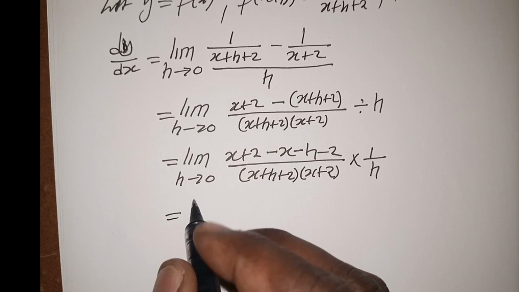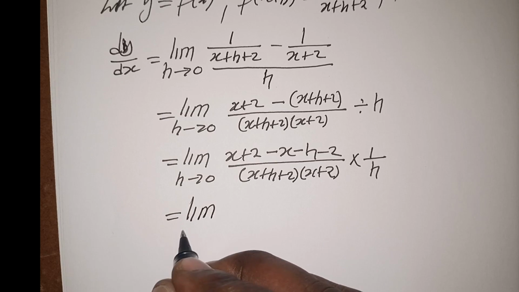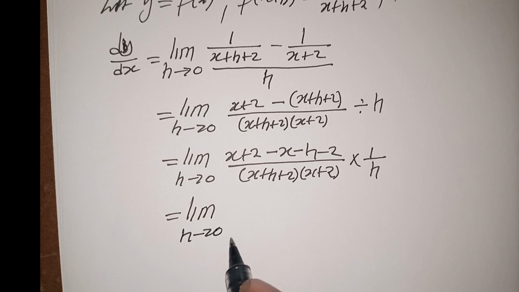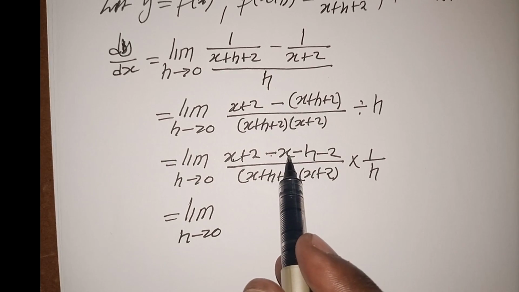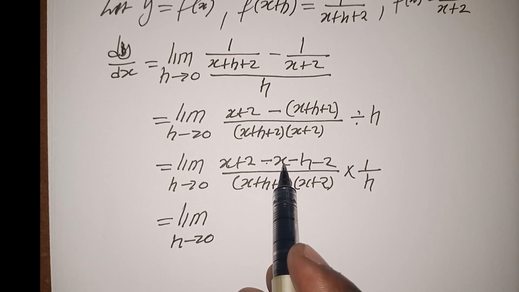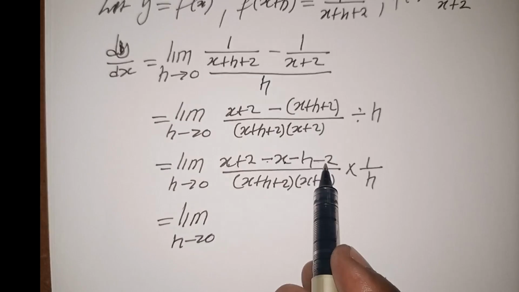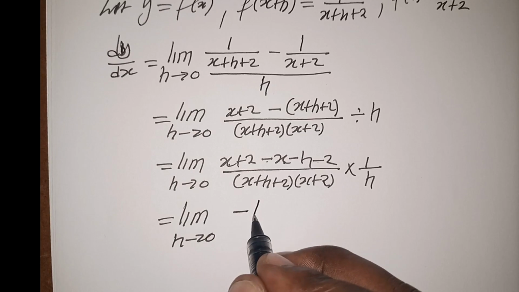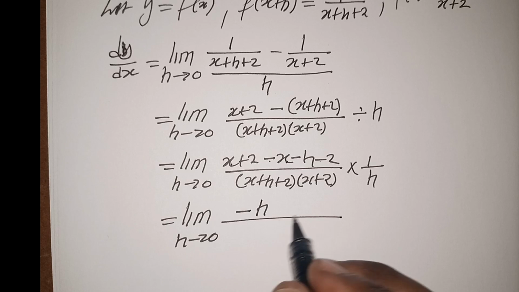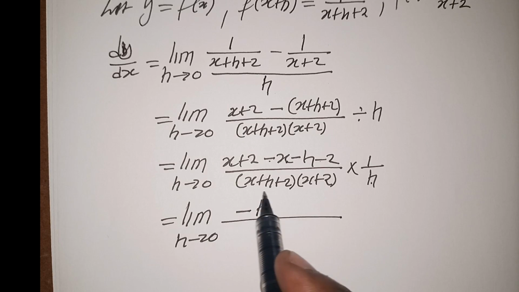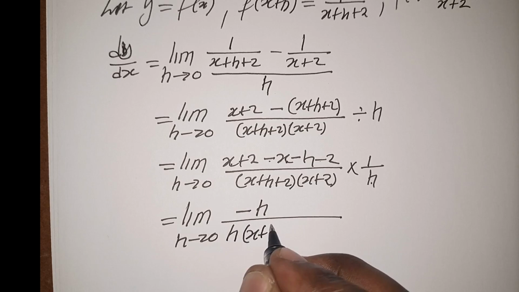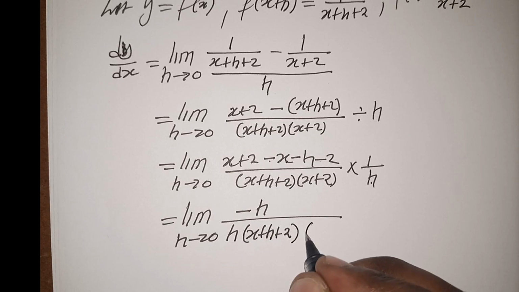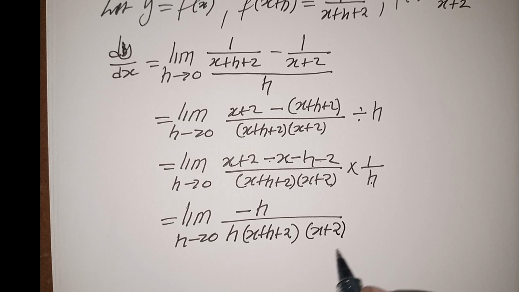Then we have the limit as h goes to 0, x minus x is 0, and 2 minus 2 is 0. So you remain with negative h on top over h times the product down here, (x plus h plus 2)(x plus 2).